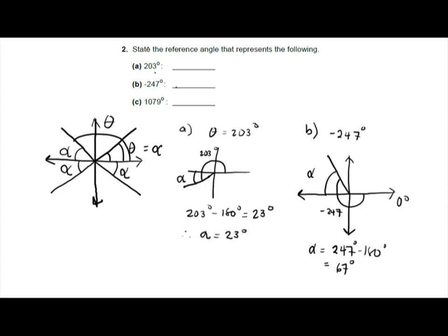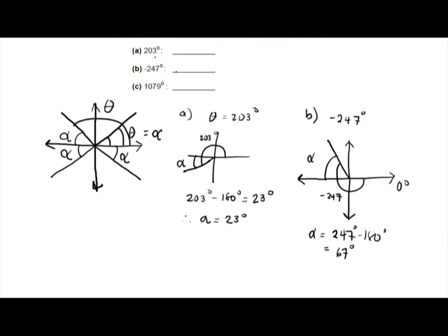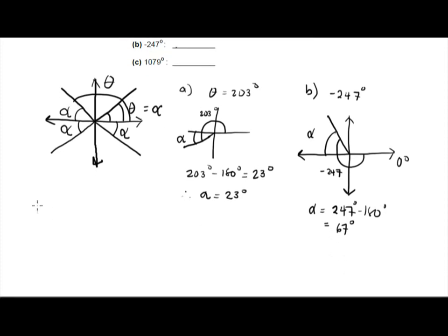Lastly, 1079, again a different case. But how do we find the reference angle of 1079? Note 1 whole circle is 360 degrees. So to reach 1079, you have to extend.